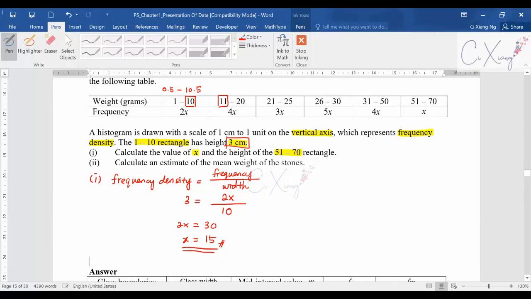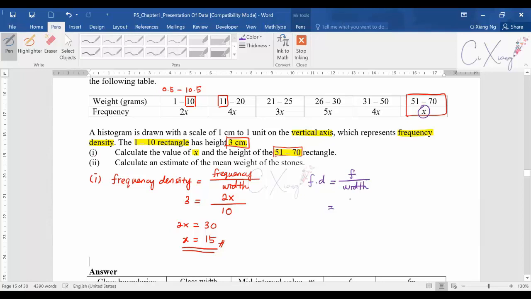And after that, they want you to calculate the height of this rectangle. Okay, so now I look at this rectangle. Height means the frequency density, right? So again, you use the formula again. Frequency density equals frequency divided by width. So what's the frequency here?